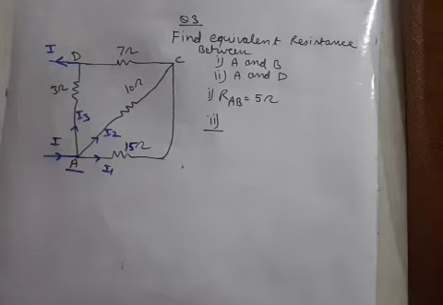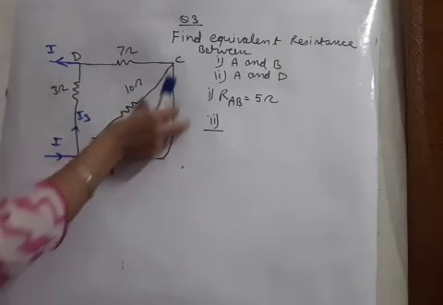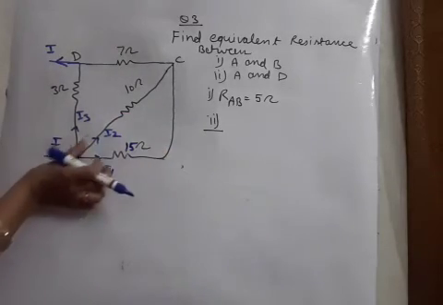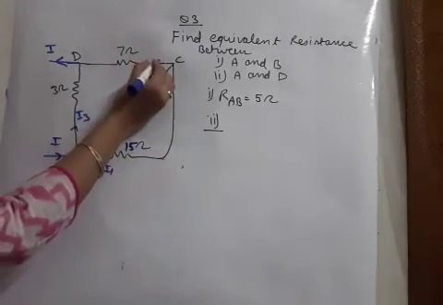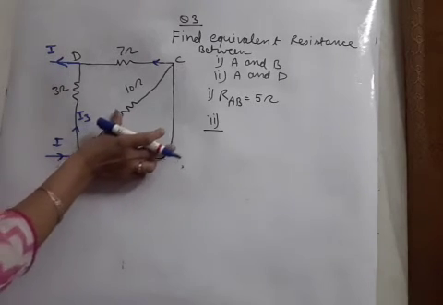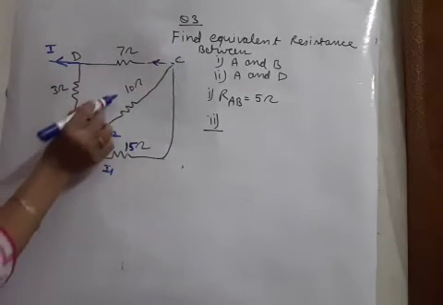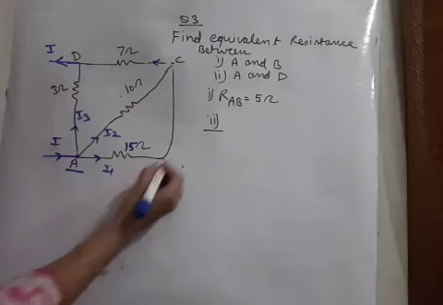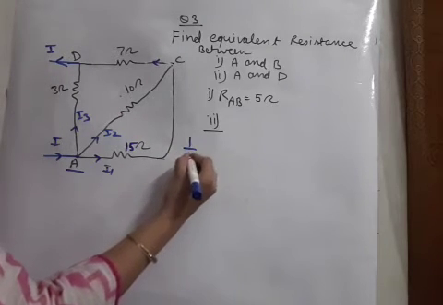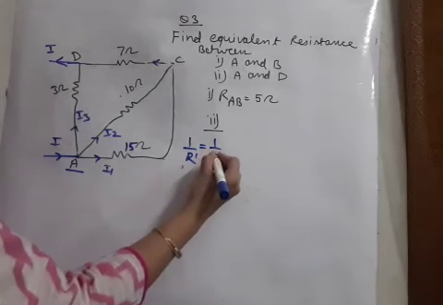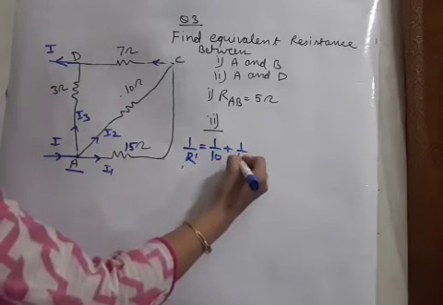After that, let us continue. Solve this part now. Current is getting divided here and here and then adding again. Carefully see this part of the circuit. Current is dividing and adding again. So 10 and 15 are in parallel. Now the parallel answer of 10 and 15, suppose we call it R dash. Parallel means reciprocal addition.